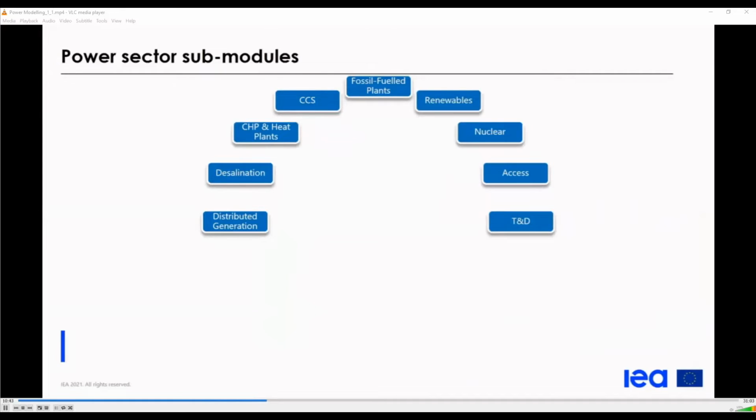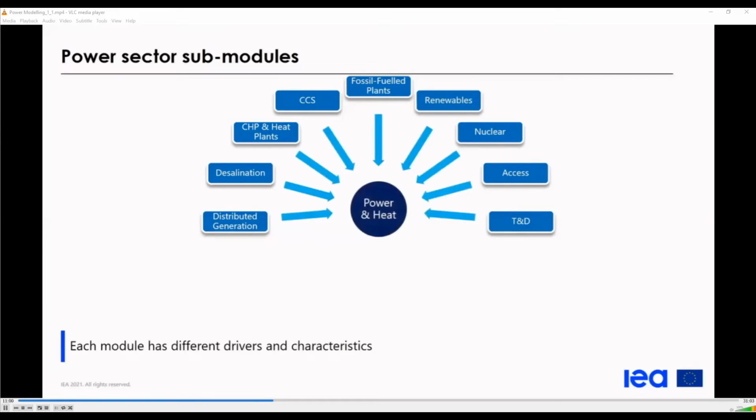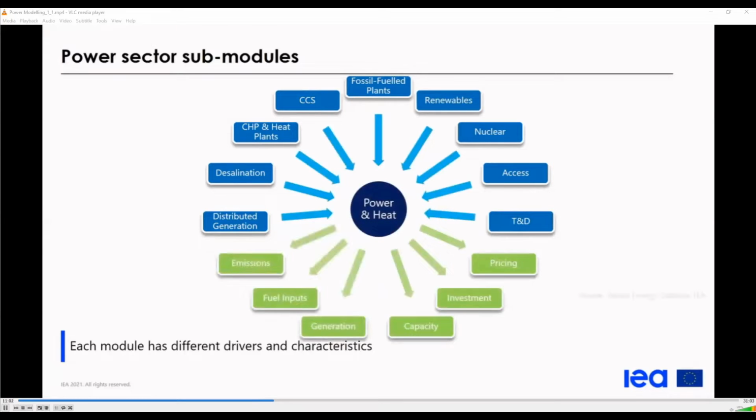Water is a driver for the desalination one. Renewables need to take into account the available potential for each location, etc. And as an output of each of these very complex modules, we have the evolution of capacity, fuel mix in terms of generation and use. We have the emissions, we have the investment and prices.